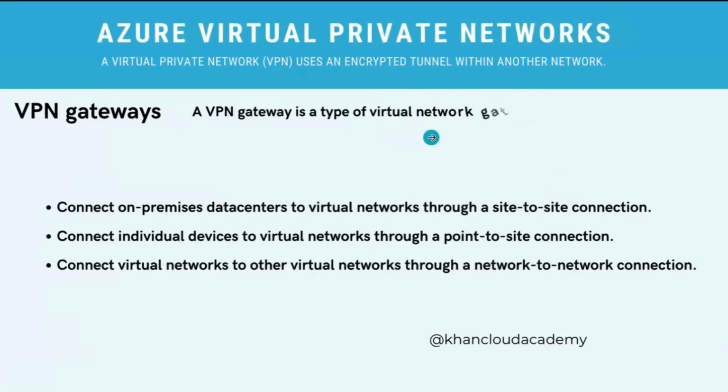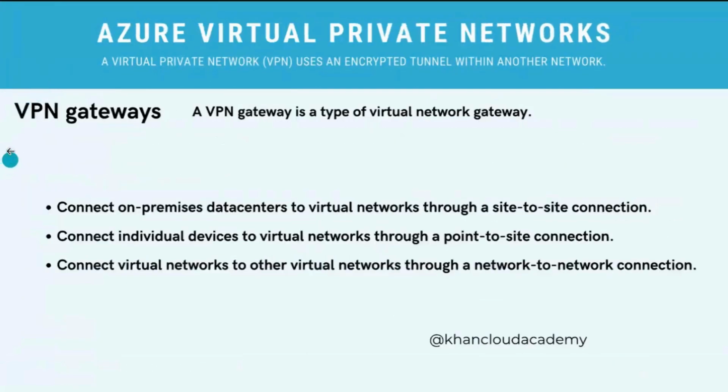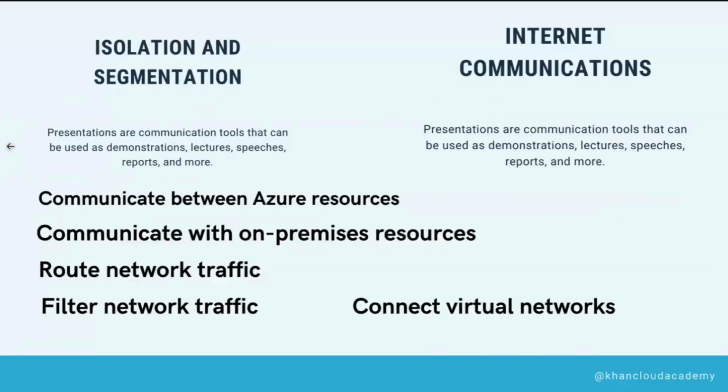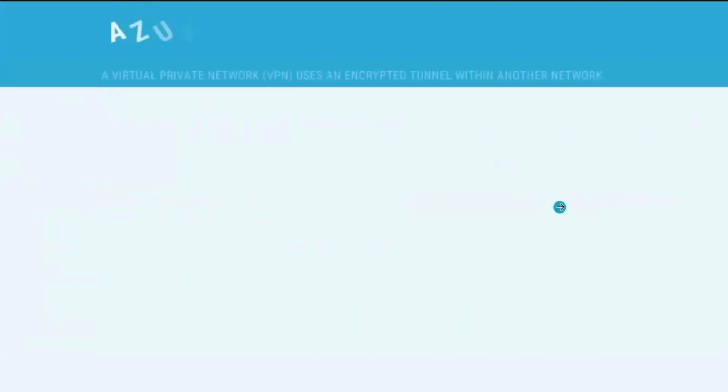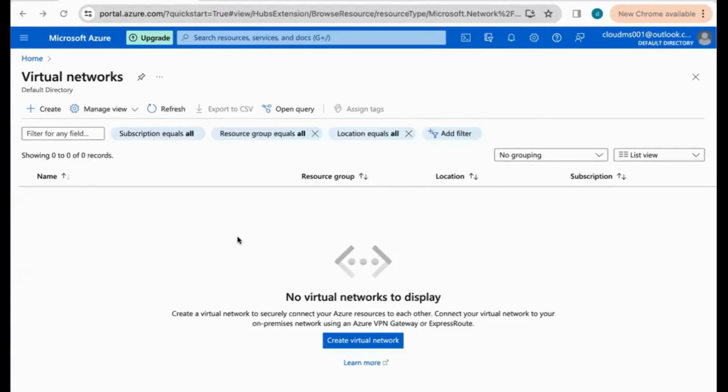Now we have to talk about Azure private network. Before that, we can also try giving some access on the Azure portal. Some resources you can provide network access to and try it. I'm not going to do this practice, because in coming videos we will show you how to access your web server.